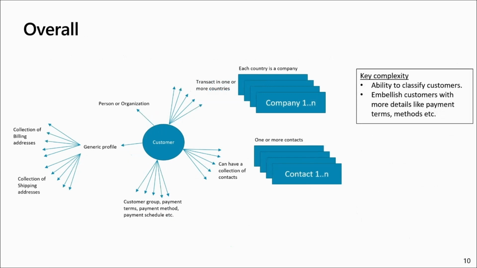So overall, there can be various scenarios. For example, if you have a customer who has connections in 50 locations, for example, a gas station, right?